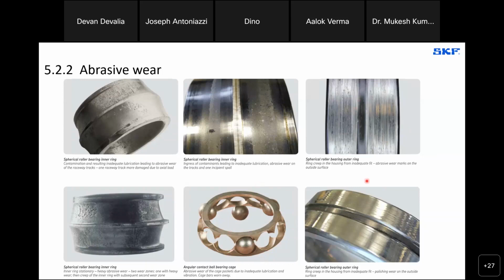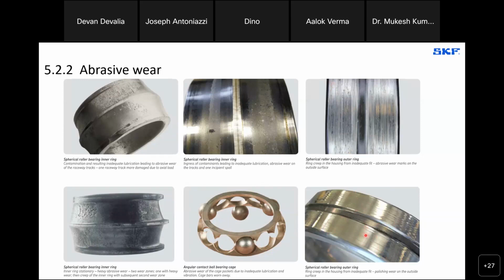Over here on the right, we see the polished wear on the bottom right, where an outer ring of a bearing has spun in the housing, and we've ended up with that polished surface, but with this circumferential marking, we know that it actually rotated, and that's not what it should be doing.